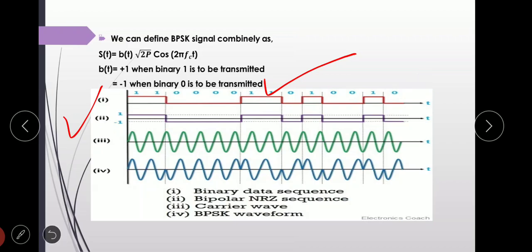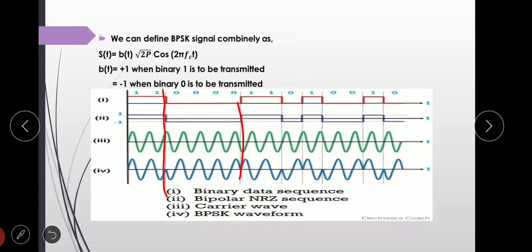Then the third one is the carrier signal. Then the last one is the BPSK signal. The figure shows phase reversal when the bit sequence changes either from 1 to 0 or from 0 to 1. This line means from 1 to 0 and this line from 0 to 1.